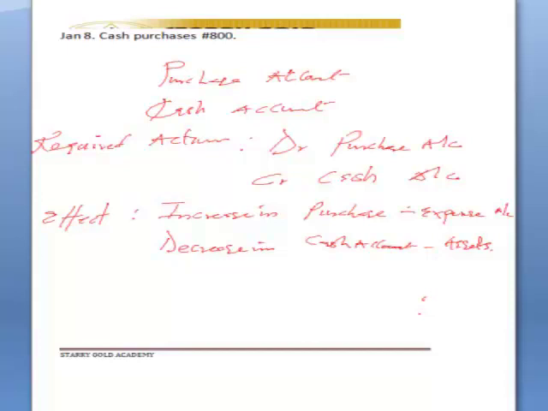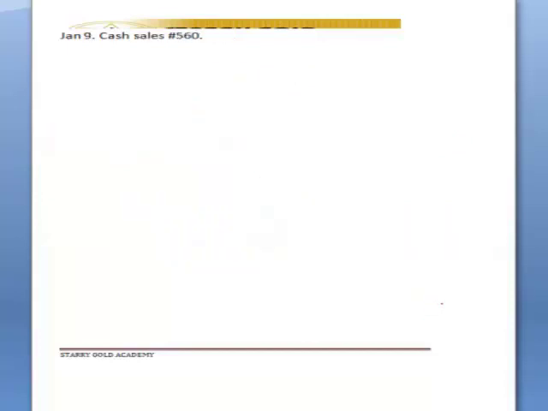Let's see the next question. Cash sales. So the two accounts involved here are sales account and cash account.